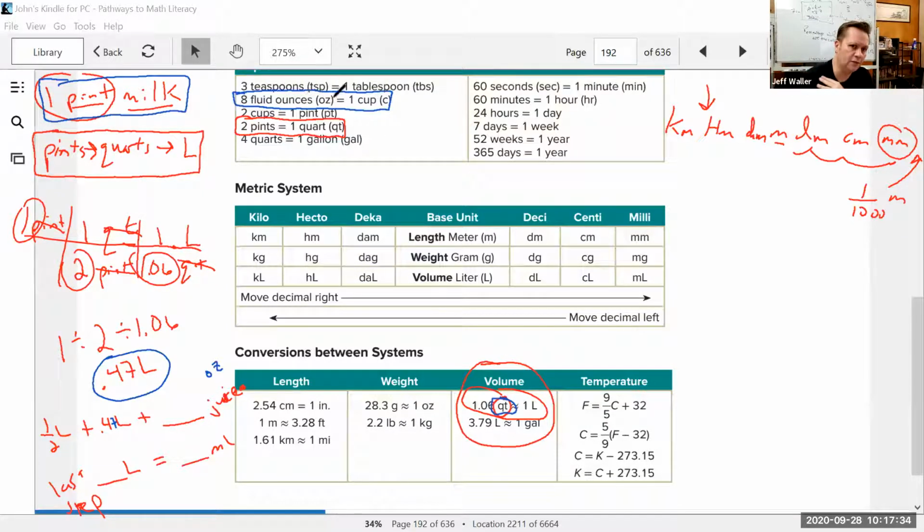I can get from ounces to cups. Can I get from cups to quarts? Yes, but you're going to take some steps. I can go from ounces to cups to pints to quarts.